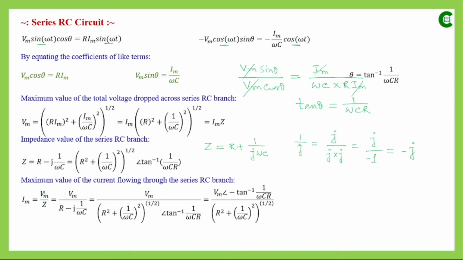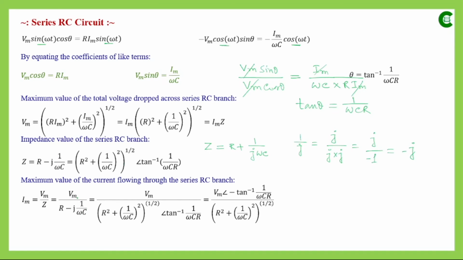We know the Vm value because the voltage was taken as reference initially, represented as a sinusoidal signal, so the peak value is known. We have also found the impedance value, R − j multiplied by 1/ωC, which is in rectangular form.